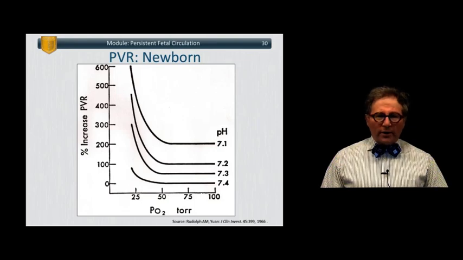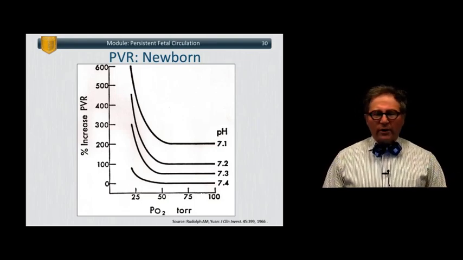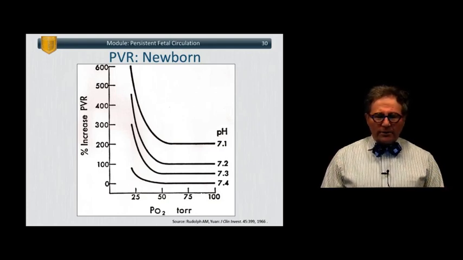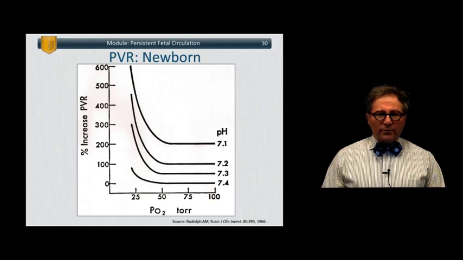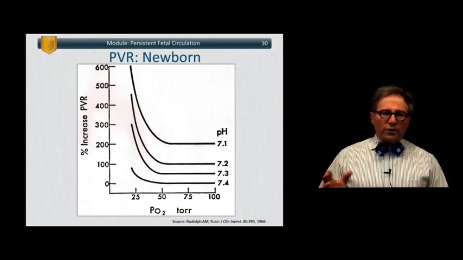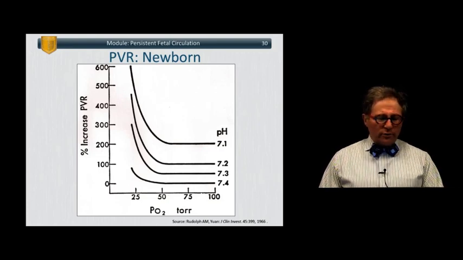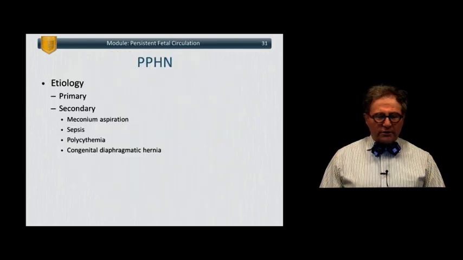So hypoxia and acidosis occurring for whatever reasons, be it infection or congenital anomalies, may lead to a sudden increase in pulmonary vascular resistance, which causes blood flow to revert to the fetal circulation type.